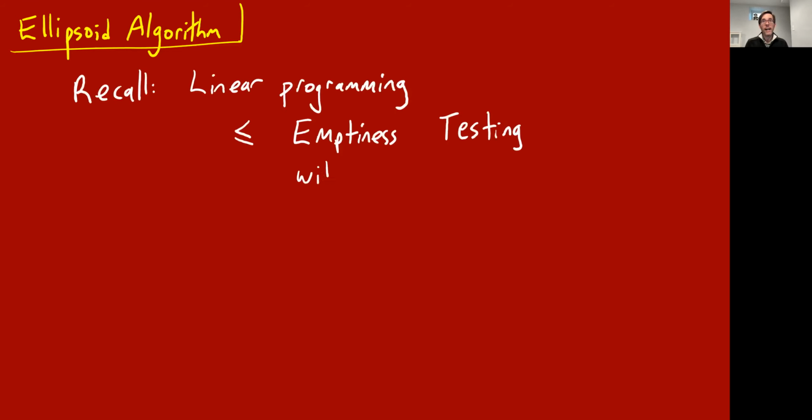I would like to start to tell you about the ellipsoid algorithm. So recall that we saw 2 lectures ago that the general problem of linear programming, maximizing or minimizing a linear function in a bunch of variables subject to a bunch of linear inequalities, reduces in polynomial time to a much simpler problem, just the problem of testing whether a bunch of linear inequalities has a solution or not.